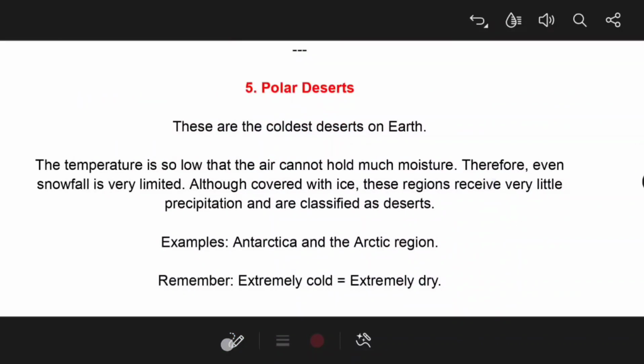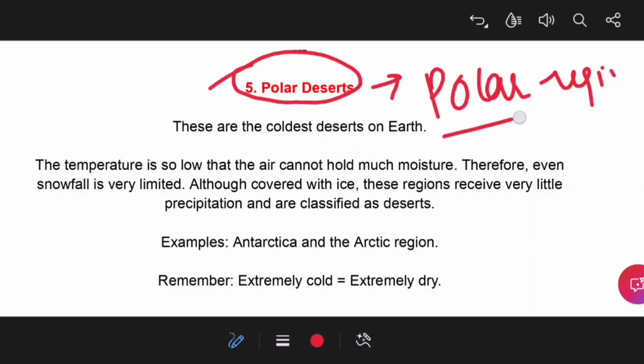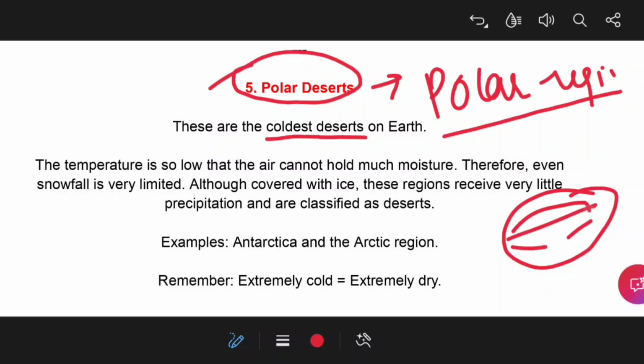Now the last type for today is polar desert. You can see here, this is about the polar region. As you all know, the polar region has cold air, right? So these are the coldest deserts on the earth. Now how do they form? Because you know, the sun's presence is within the tropics, right?